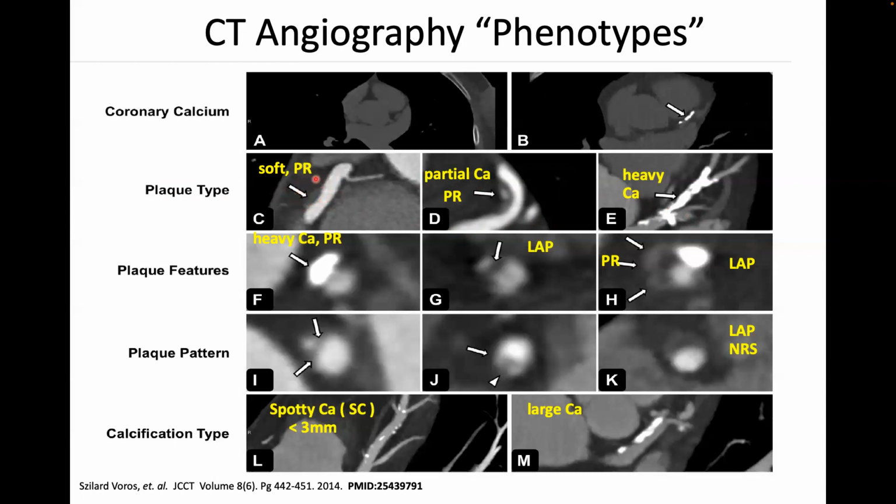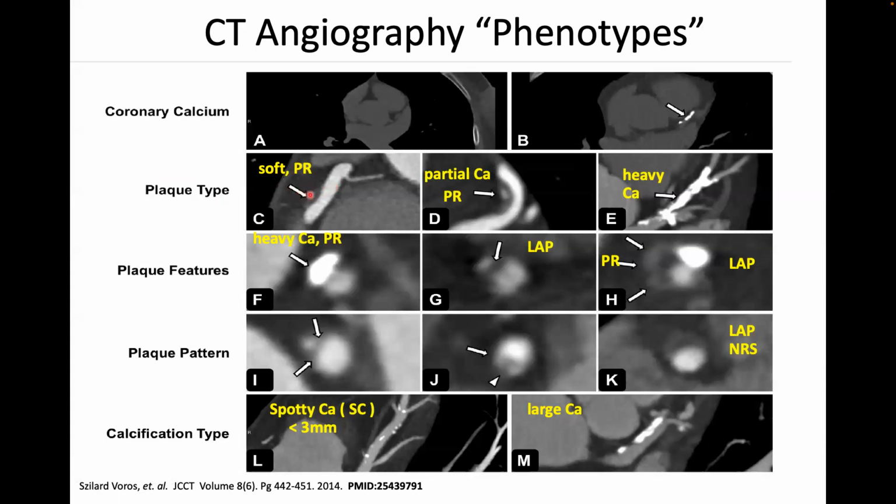It's called a PR soft plaque, or positive remodeled, because you can see the plaque lifts off the outside of the vessel. And so it's a bulge on not just the inside of the vessel, it doesn't come in here, but it goes to the outside of the vessel. So it doesn't reduce the diameter as much, but it shows that there's a large plaque there. So it's sort of the plaque burden that you're counting up.